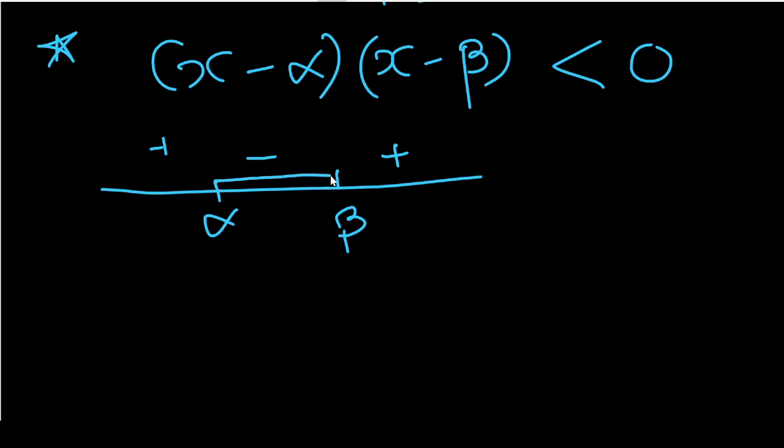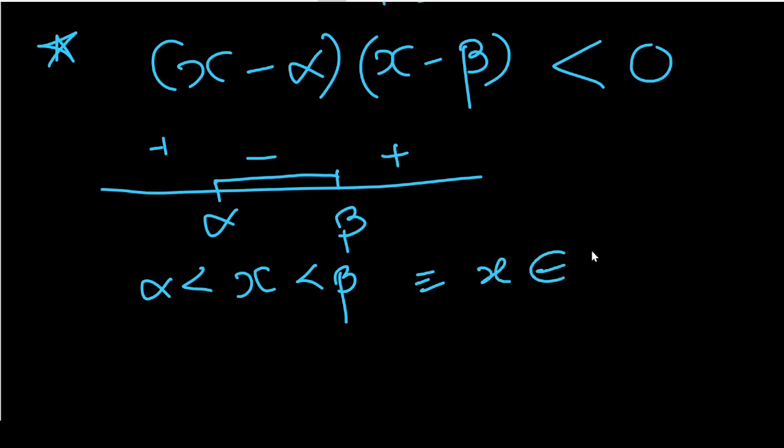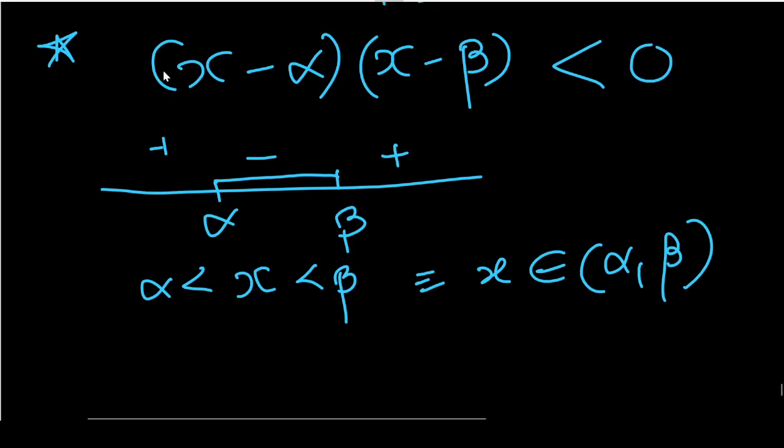So alpha to beta it will be. In other words, the answer is x from alpha to beta, or else we can equivalently write x belongs to open alpha to open beta. Okay, so x minus alpha, x minus beta less than 0, the answer is x greater than alpha, less than beta. Equivalently x belongs to open interval alpha comma beta.